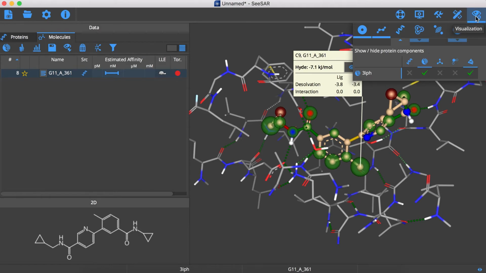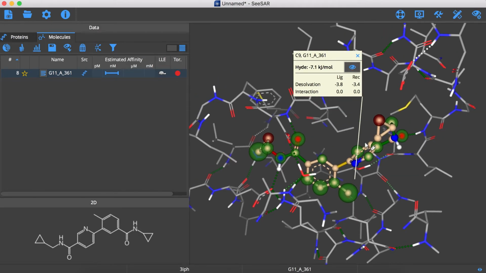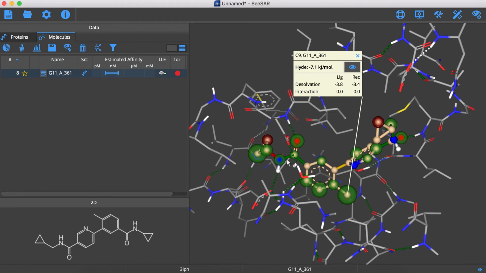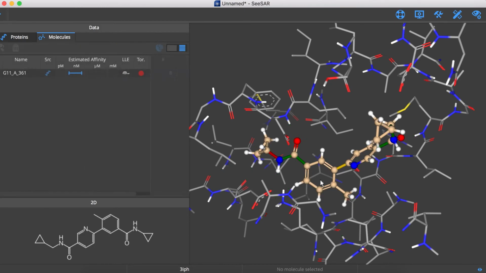Each torsion is color-coded according to how well the torsion is represented in the CSD. So green means very well represented, yellow means occurs occasionally but very rarely, and red means never occurs. So let's see what happens when we remove this magic methyl.